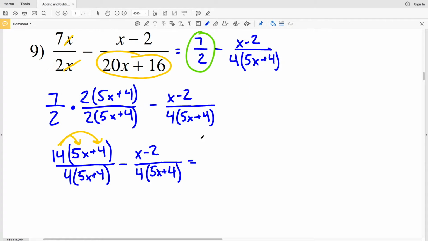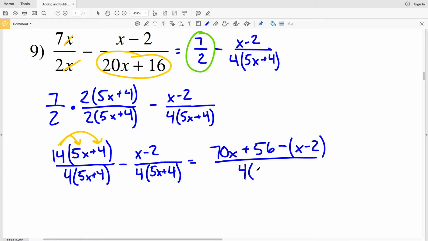And I'll go ahead and distribute this 14 while I'm at it. So 14 times 5x is 70x, 14 times 4 is 56, and then we're subtracting the quantity x minus 2, and that's all over 4 times 5x plus 4.